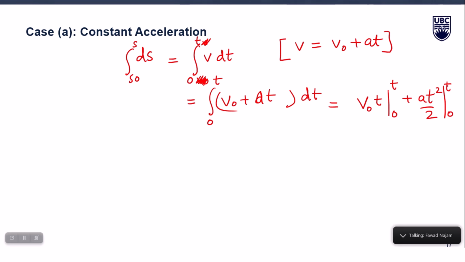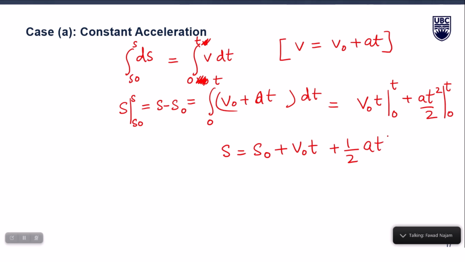On the left hand side I should get s, and when the limit is applied from s naught to s, that should be s minus s naught, right. The final equation for displacement as a function of time can be written as s is equal to s naught plus v naught t plus 1 over 2 at square, right.